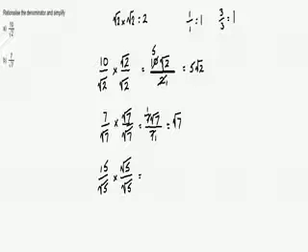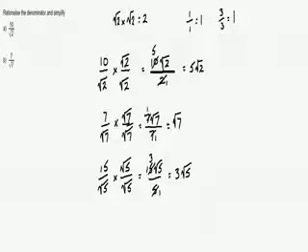Root 5 times root 5 is 5. 15 times root 5 is 15 root 5. 5's cancel, leaving me 3 root 5. Job done.